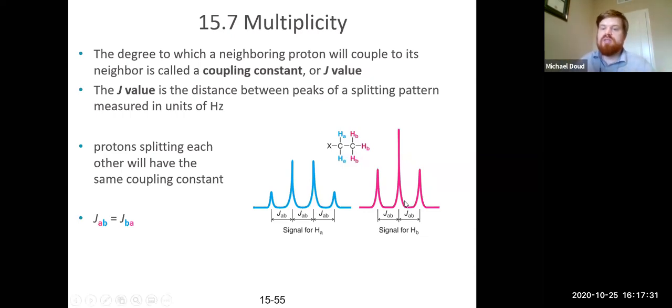So it's equal and opposite splitting, so you get the equal and opposite coupling constant. It ends up being just the same distance. And yeah, this is what's called the J value, or the coupling constant. And you just measure it by drilling down, you zoom in, and then you see what's the distance here. And that'll tell you how closely related those two magnetic fields are.